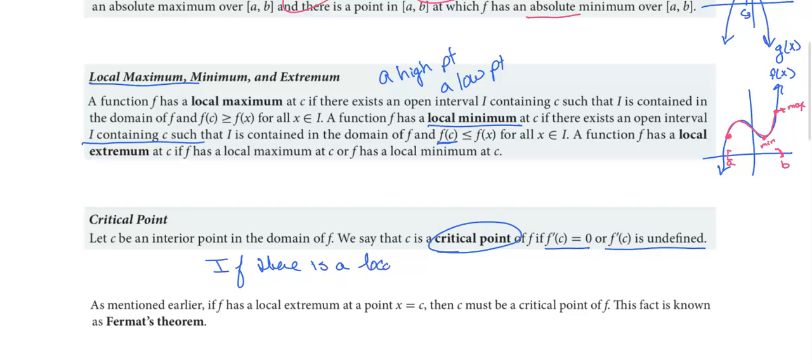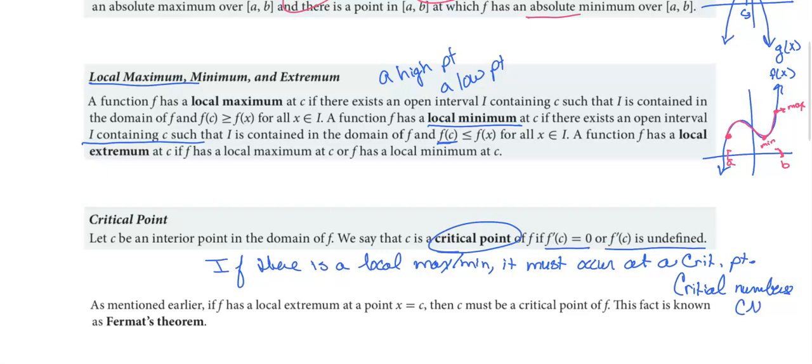I was talking about a local. I call these critical numbers. You're going to see me use the abbreviation CN here.